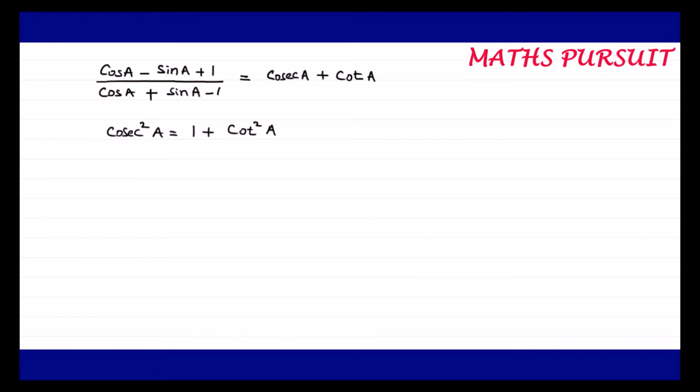Now cosec square A is equal to 1 plus cot square A, or I can write cosec square A minus cot square A is equal to 1. Let us name this equation 1 so that we can refer to it later on. Now guys, how will we proceed?